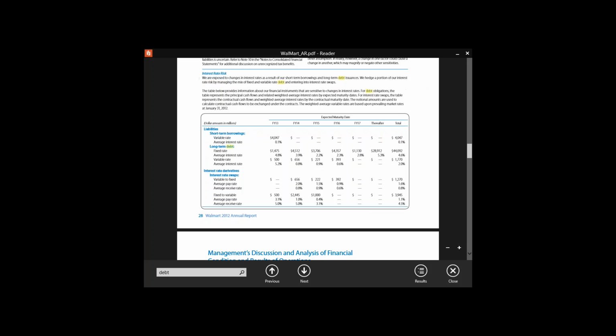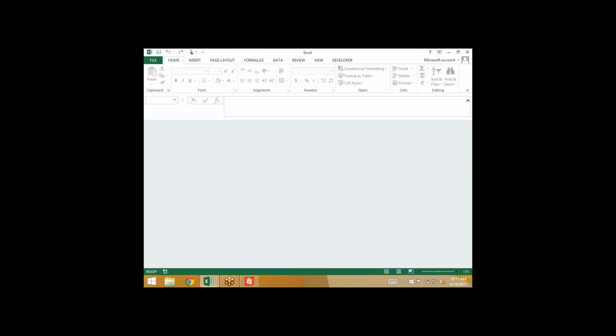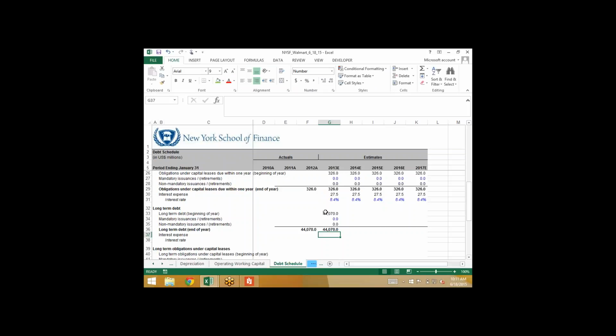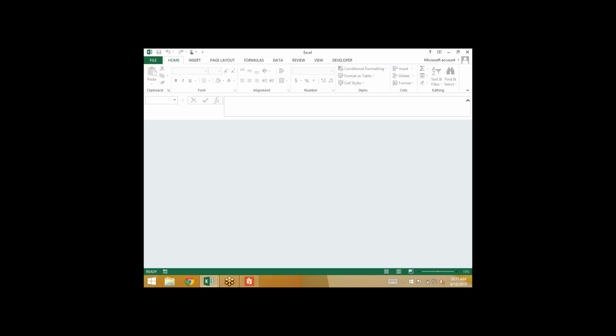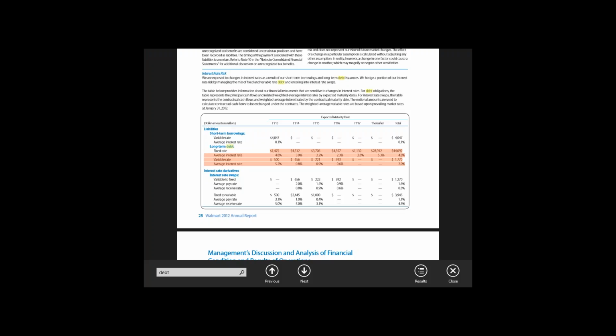And so going back to this table, something a little unusual here, but I couldn't figure out why. We have a total balance of debt of 44070, right? There's no 44070 anywhere, right? It's 44092 plus 1770.